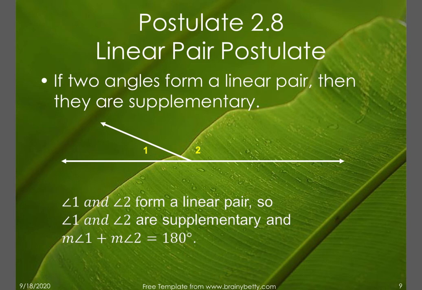This puts those two things together. So linear pair postulate, which we do abbreviate as LPP because we use this one a lot, says if two angles form a line or form a linear pair, then they are supplementary.